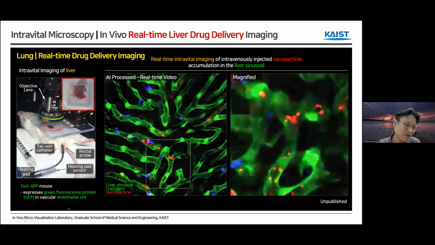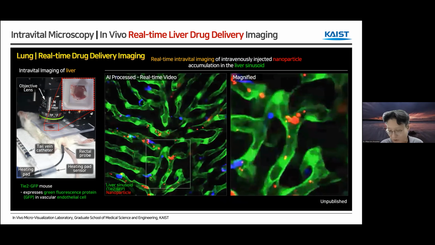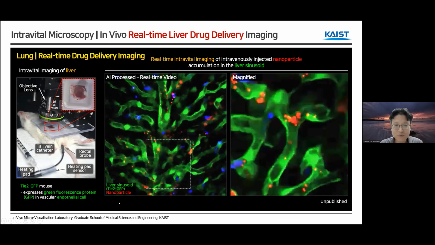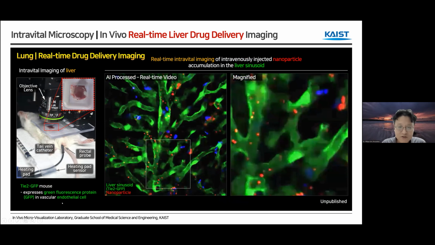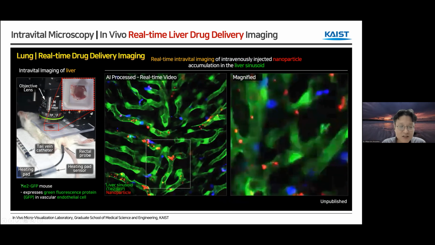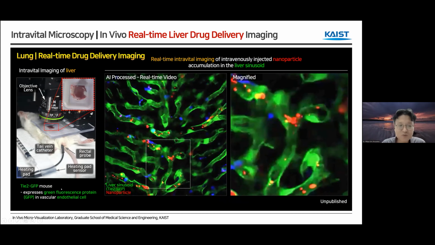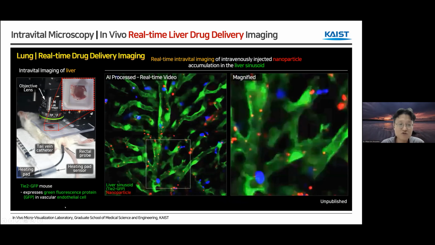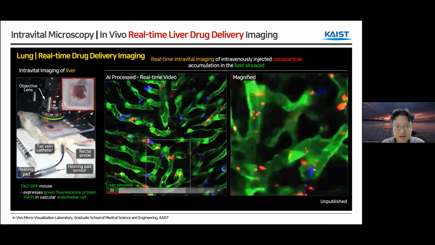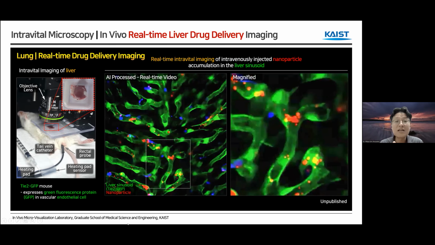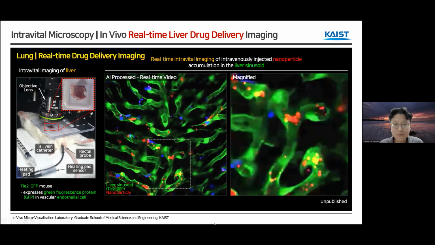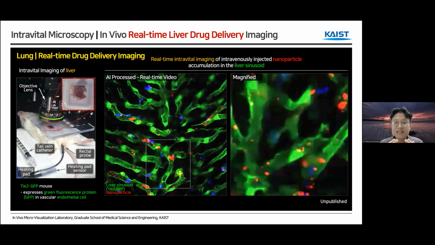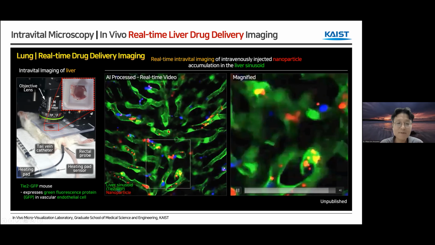So this is the real-time video obtained from the liver of the mouse model on this left photo. In this particular example, we use a Tie2-GFP mouse model, so all the vascular endothelial cells express GFP. So all this green color is the liver sinusoid endothelial cell in the liver. And then we inject the red fluorescent nanoparticles through the tail vein.